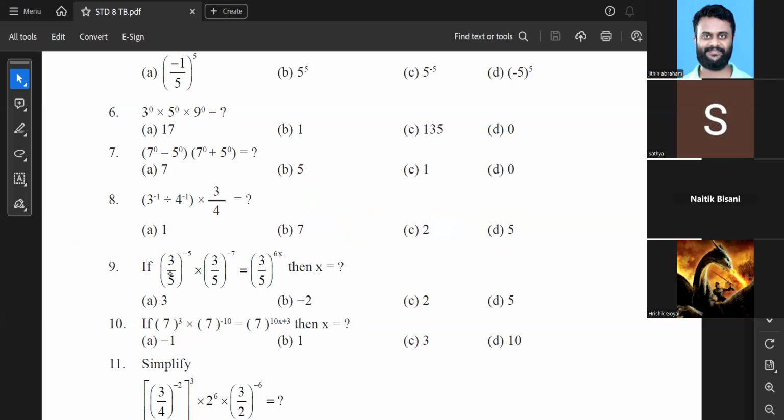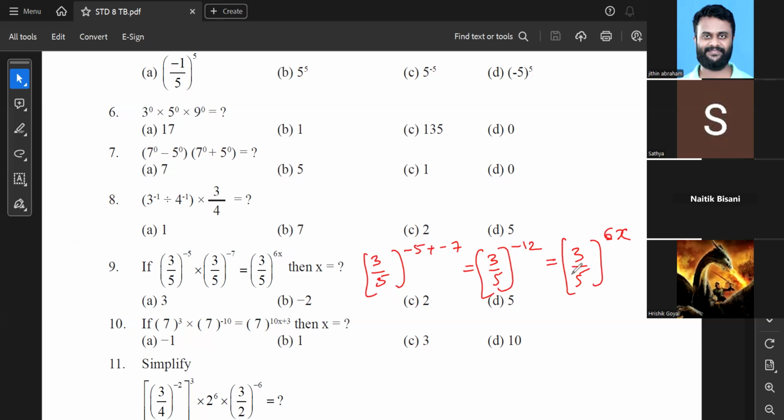So this one is a raised to minus 5. This one is a raised to minus 7. It's basically a only, so I'll just combine them. So 3 by 5 raised to minus 5 plus minus 7. That is equal to 3 by 5 raised to minus 5 minus 7, which gives you minus 12. On the other hand, you have 3 by 5 raised to 6x.